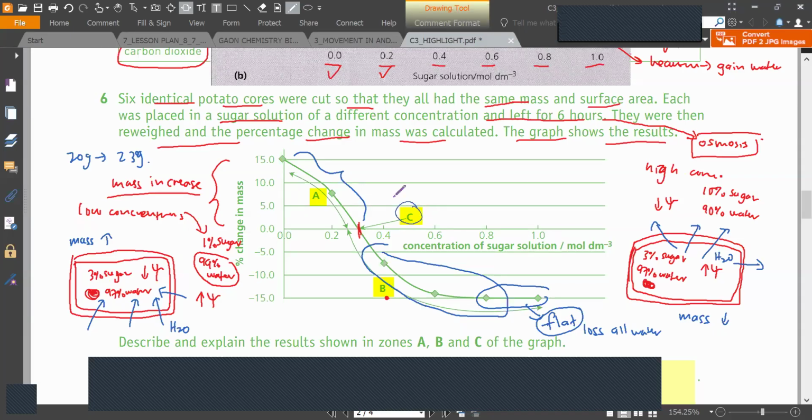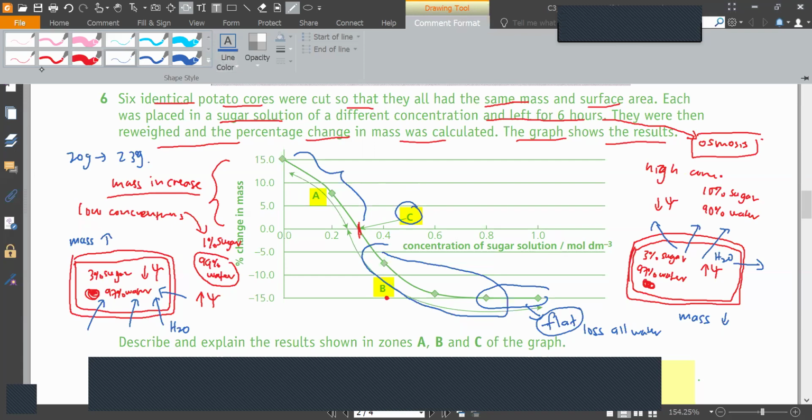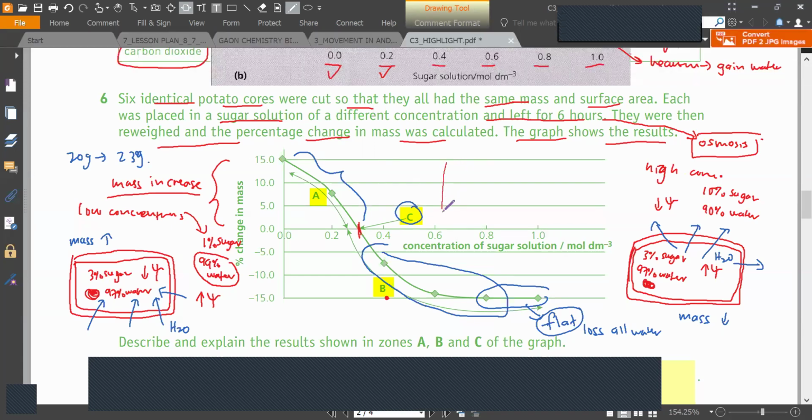How about C? This is what we call isotonic. Isotonic solution means inside and outside are the same. So let's say outside is 3% sugar, 97% water, and inside also 3% sugar, 97% water.